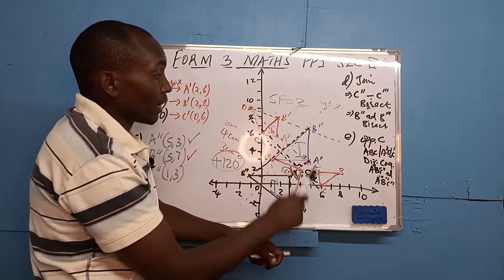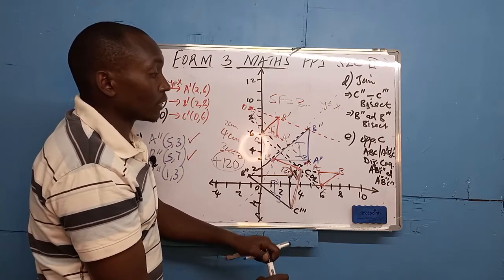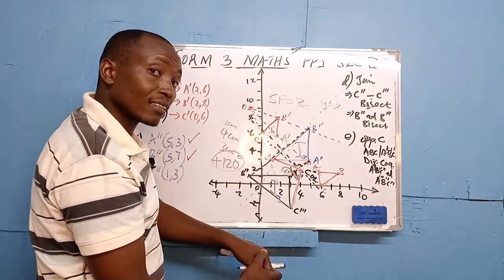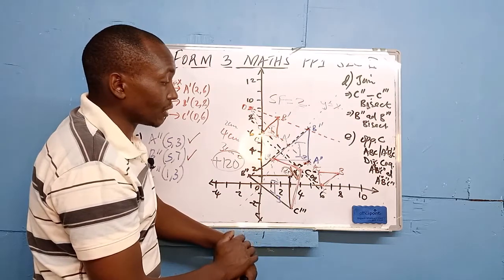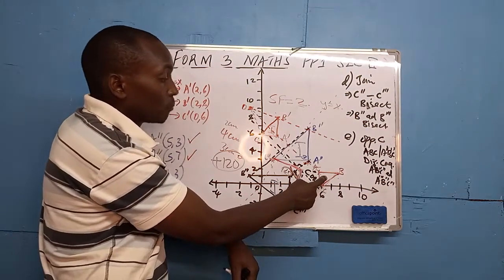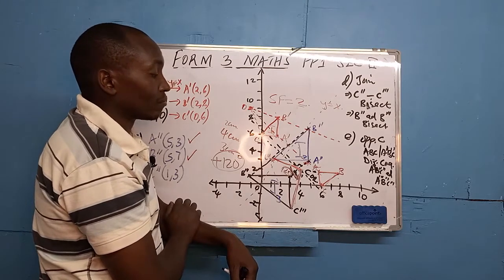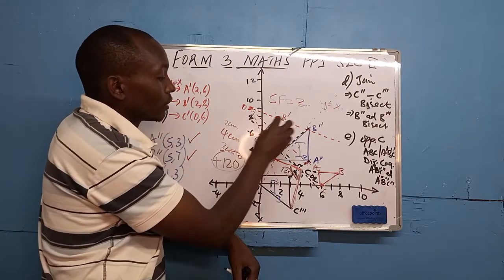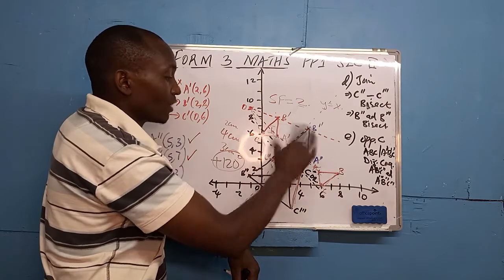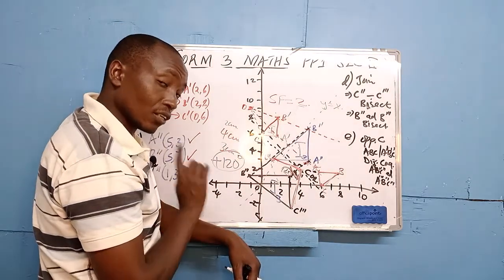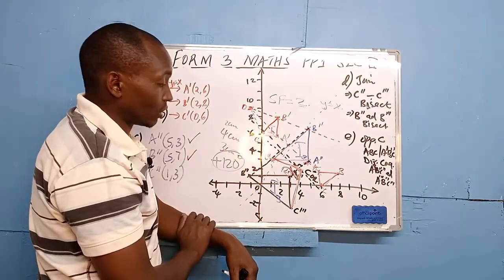Then when you talk about part E, two triangles that are oppositely congruent are equal in size, but their orientation is different. The original object and the first image are oppositely congruent. If you lift this, you cannot fit it into this. However much you rotate it, it cannot fit. So they are oppositely congruent, equal but different orientation.